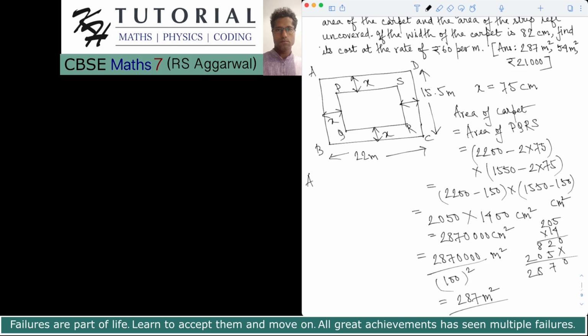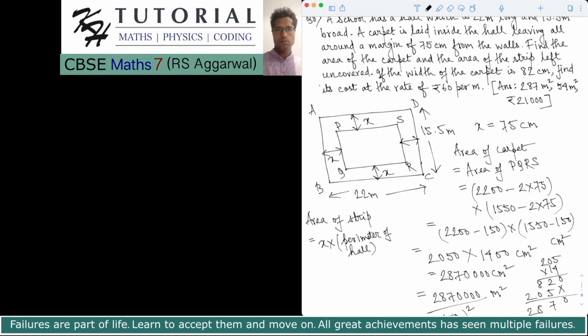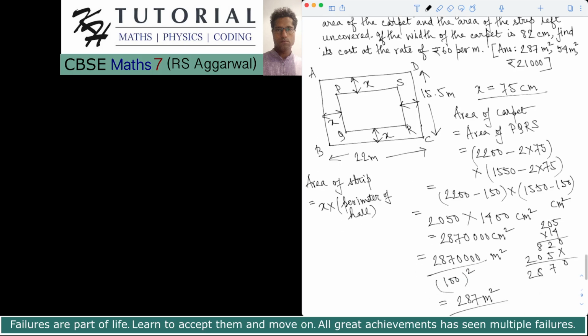Area of strip will be equal to x multiplied by perimeter of plot, which in this case is the hall, but x is the width of the margin, which is 75 centimeter. So x multiplied by perimeter of hall minus, since the path or the strip is inside the hall, it will be minus 4x square.